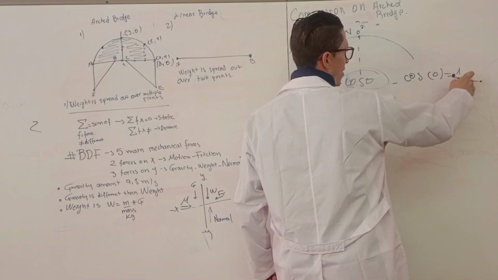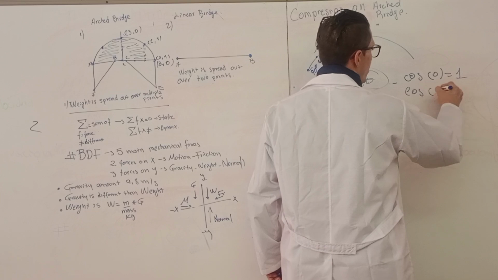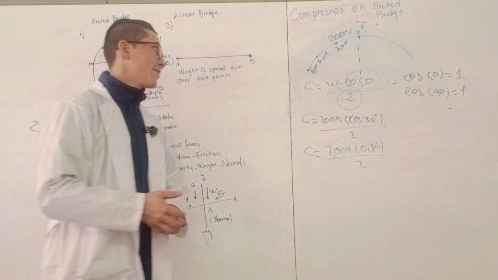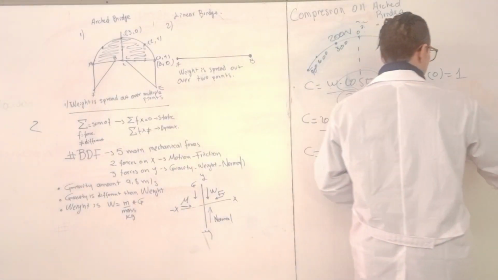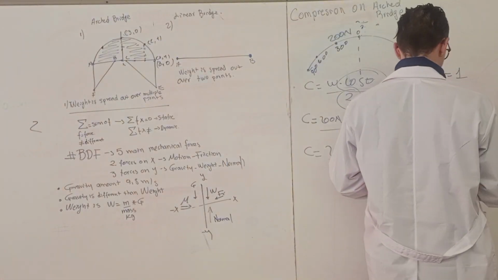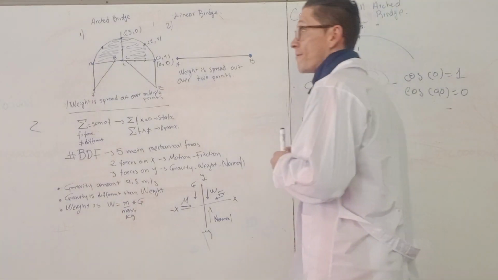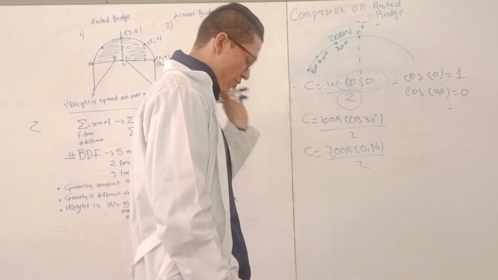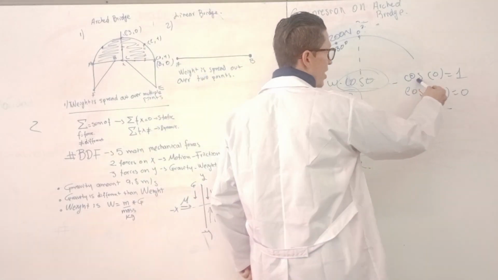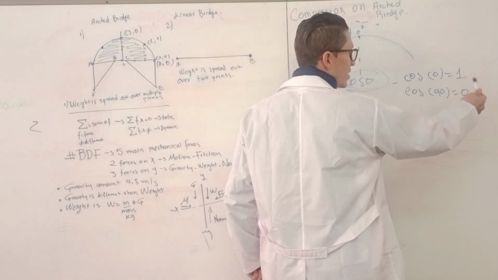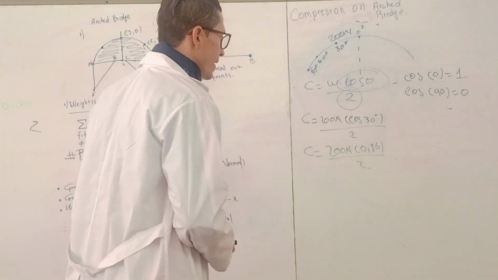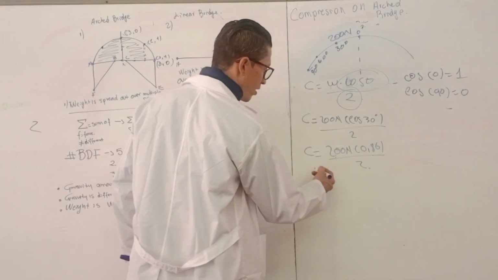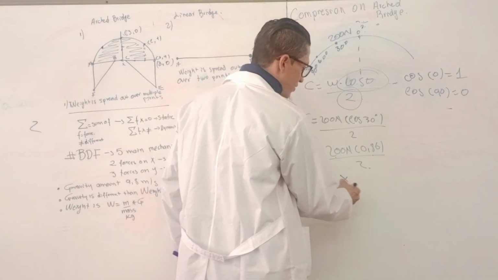And cosine of 90 is equal to 0. Cosine 0, 1. Cosine 90, 0. Okay? In that case, you gotta achieve this by yourself, okay?